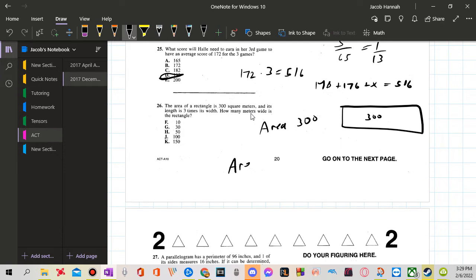Alright, hold on. Area is equal to 300, and if it's base times length, so this must be, it's 3 times its width. So this is 3 times length times width. Alrighty.